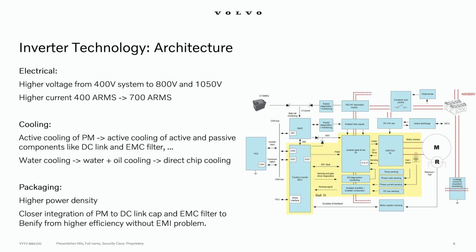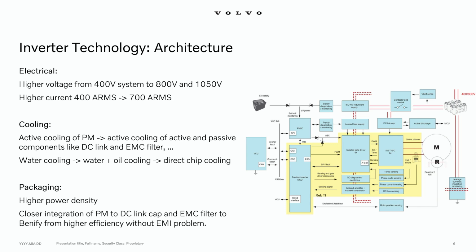But if you really want to benefit from wide bandgap, we need a little more active cooling for the system. It means we need active cooling even for the active and passive components, like the DC link cap and EMC filter, which are not very effective without active cooling.